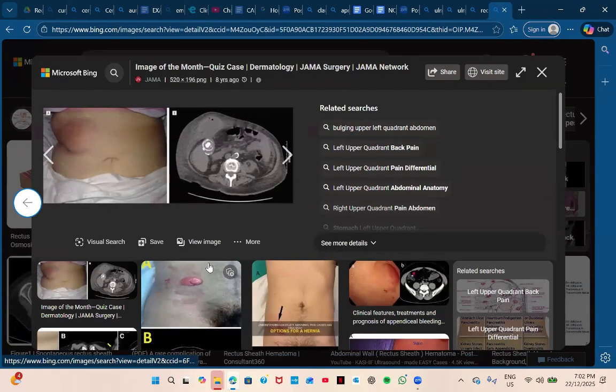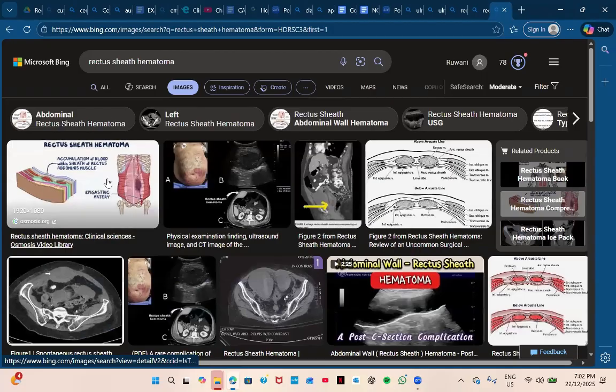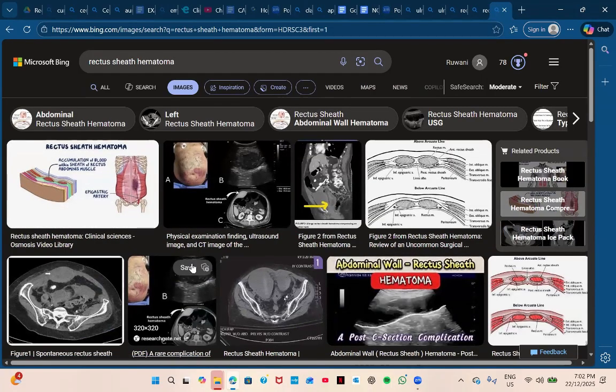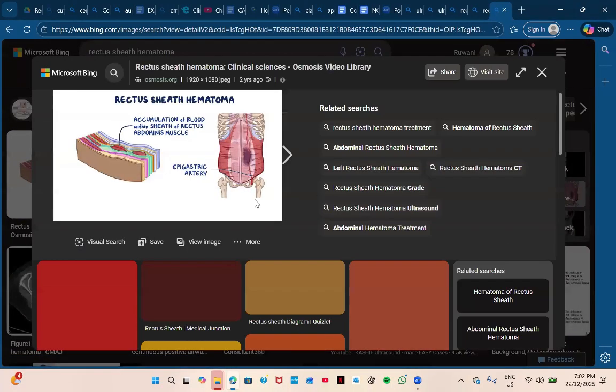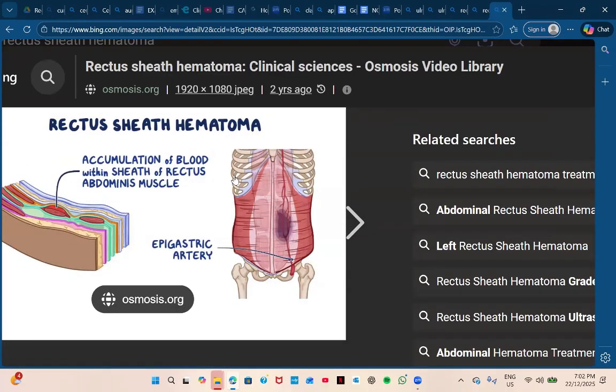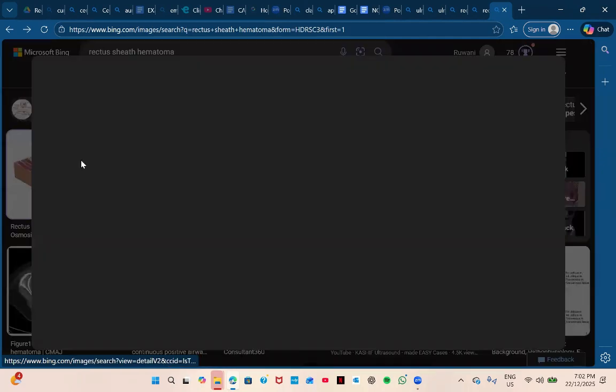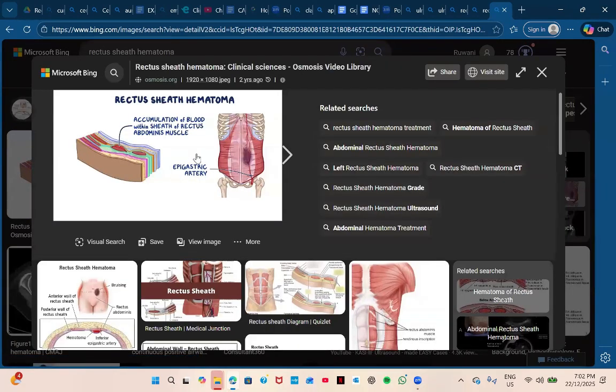I'll show from the anatomical diagram. Here, like that. The accumulation of blood within the sheath. Just think like that.